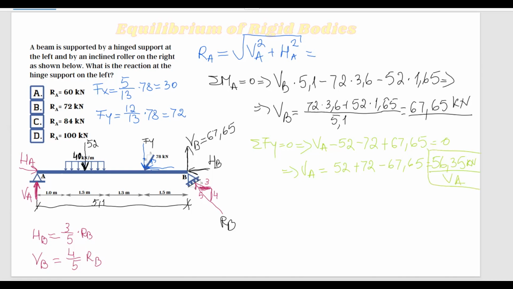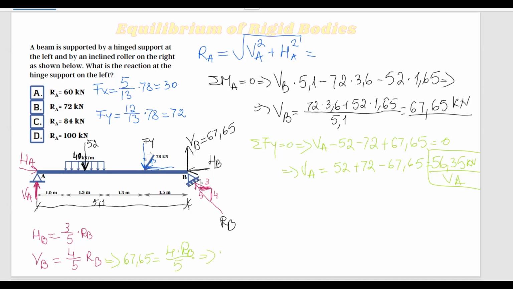Now we know VA, and we have to calculate HA. HA is going to be calculated from the fact that we know VB. VB is 67.65. From here, we can calculate RB. 67.65 equals 4 multiplied by RB divided by 5.